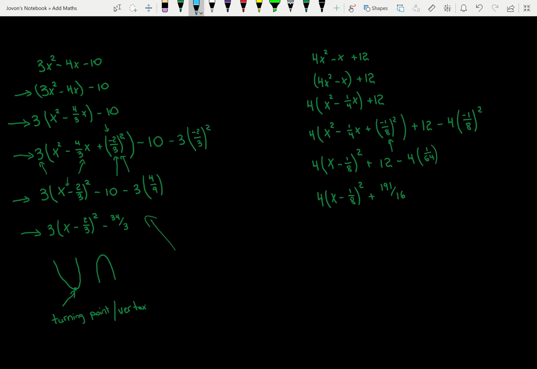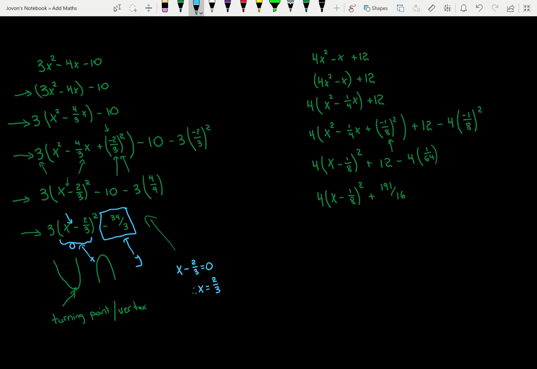We see x minus 2/3 is equal to 0. Therefore, x is equal to 2/3. Whatever sign you have here, the coordinate is the opposite of that sign. If it's a minus sign, the coordinate is a plus sign, and if it's a plus sign, the coordinate is a minus sign. This is the x value, and this value here tells us the y value.